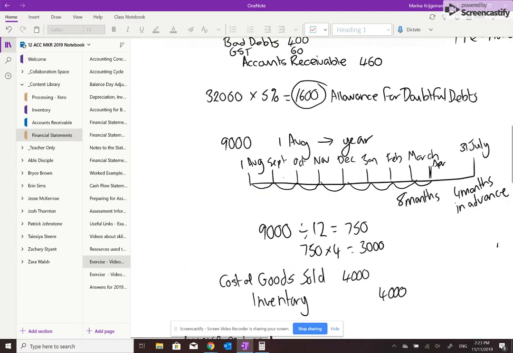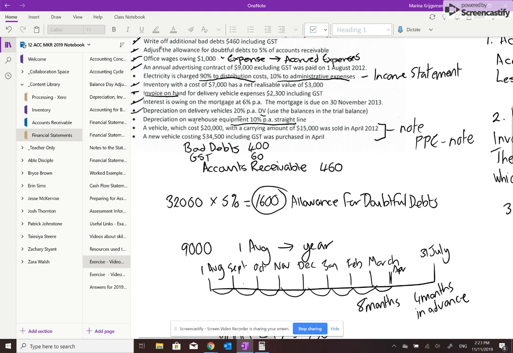We've got, in the additional information, a vehicle which cost $20,000 with a carrying amount of $15,000 was sold in April 2012. And so we're going to bring in our vehicle that we've sold. And in Module 2 of financial statements, it tells us what to do for a property, plant and equipment note. So the additions is any purchase of property or investments by the business of an asset during the current financial year.